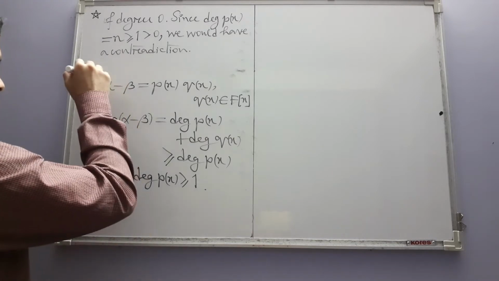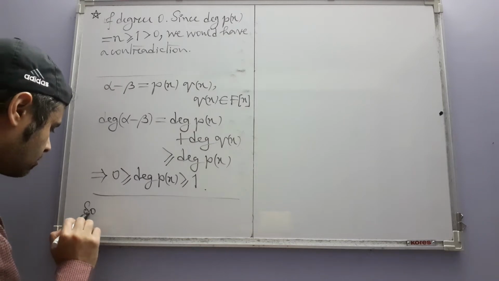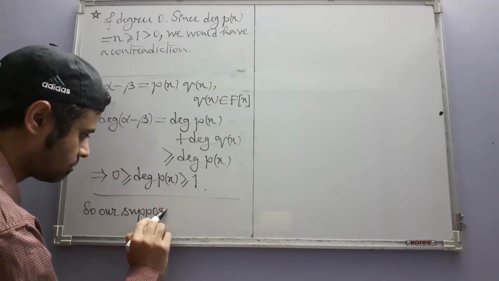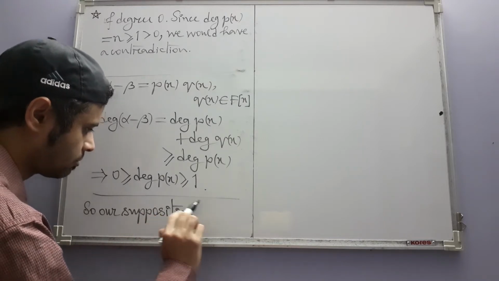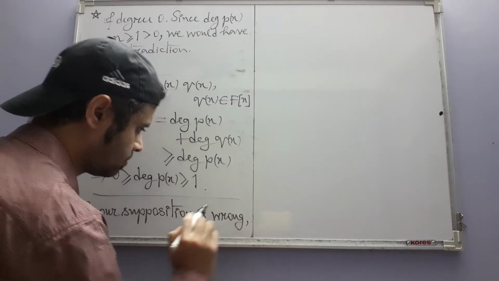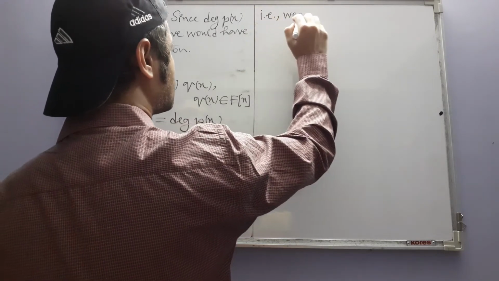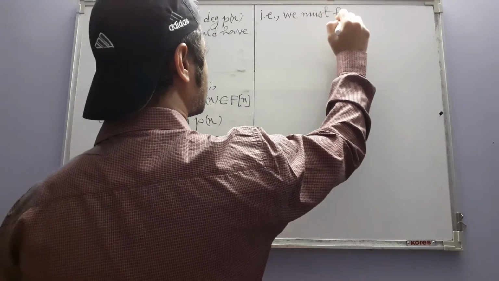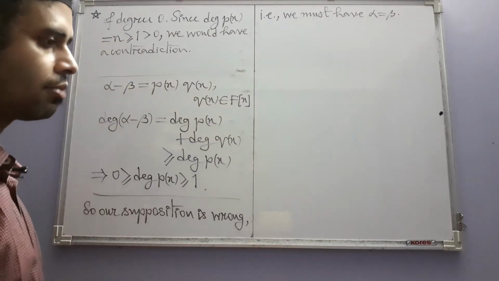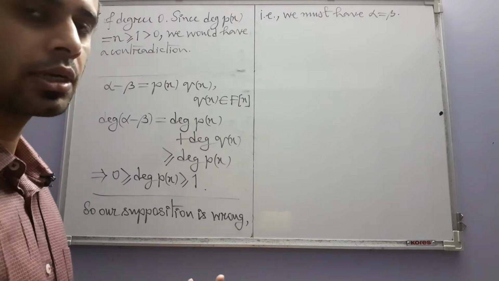So let me continue from here. Let us keep this for a moment. So our supposition is wrong. That is, we must have alpha equal to beta, but we chose alpha and beta to be two field elements whose psi images are equal, that is outputs are equal.